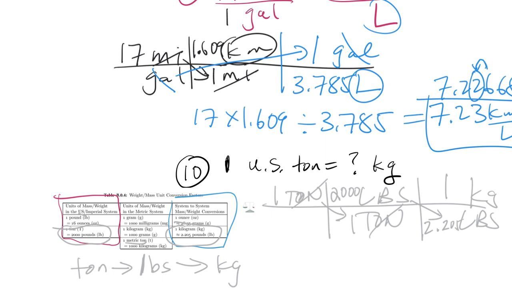So my answer is simply 2,000 divided by 2.205. Which is, hold on, 2,000 divided by 2.205. I get 907.0. So that's how many kilograms are in 1 U.S. ton.